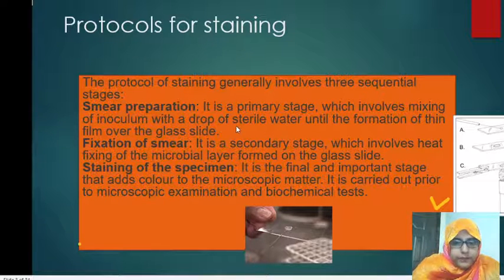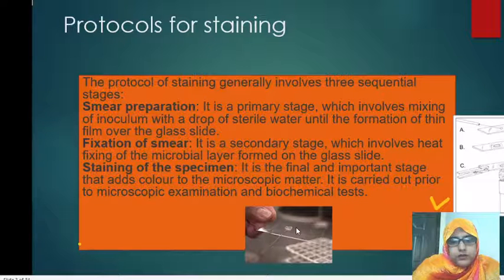Take a loop, pick up the inoculum, and put it on the slide with one drop of sterile water until a very thin film is formed over the glass slide.